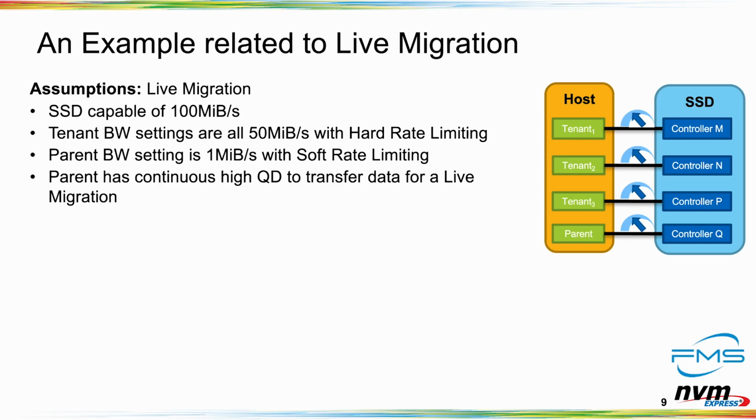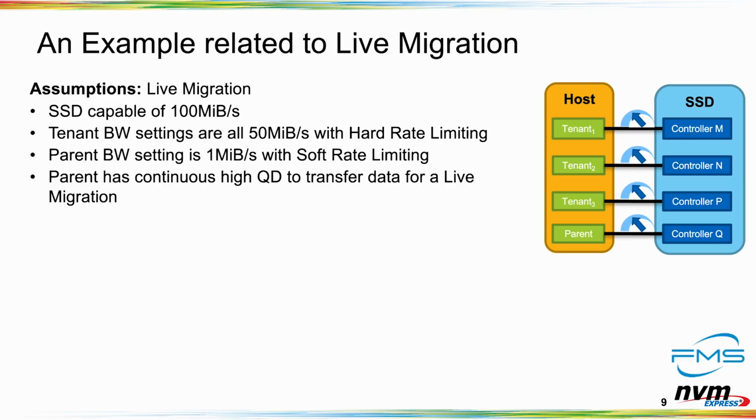But now we have this parent, and that parent is also going to be a tenant, but I'm calling it out as special. And it's of course, the one that's going to do the administrations. But it is trying to do a migration. So it's trying to take one of these tenants and move it off the SSD, or perhaps moving in a new tenant. And so it has a setting of 1 megabyte per second, super low, and it has a setting of soft rate limiting.